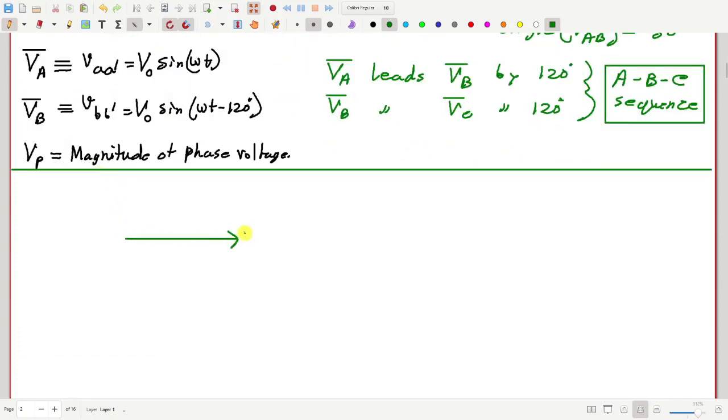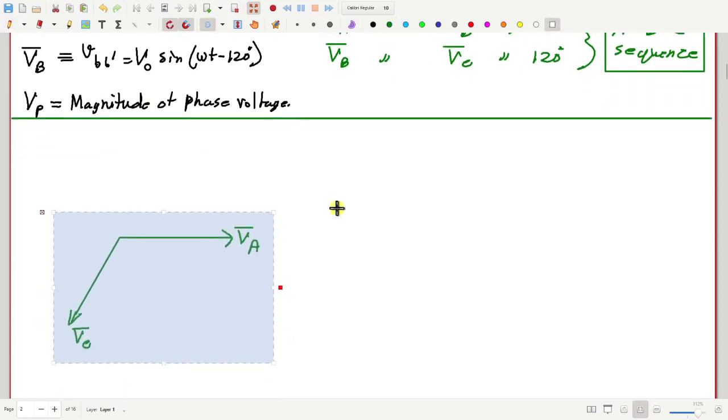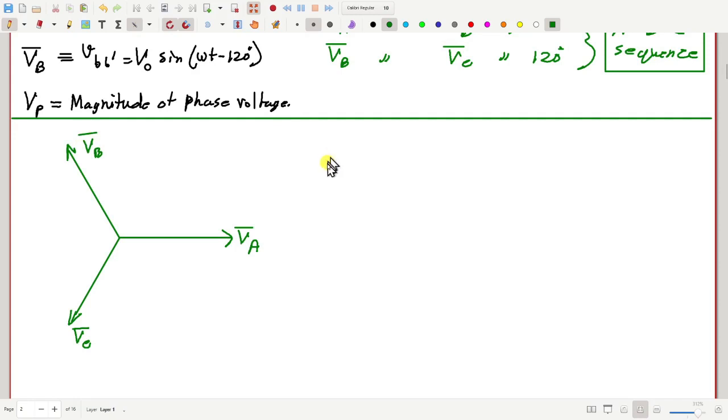If this is VA, then comes VC, and then finally VB. So now what is the phase sequence here? This is called ACB sequence. A followed by C followed by B.